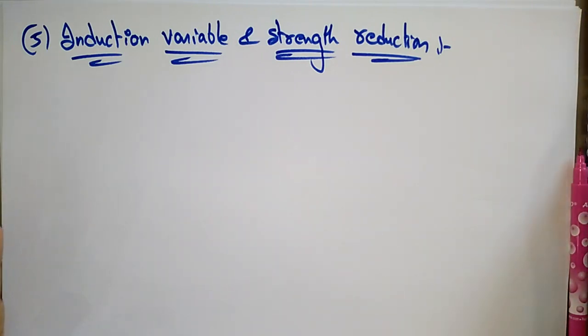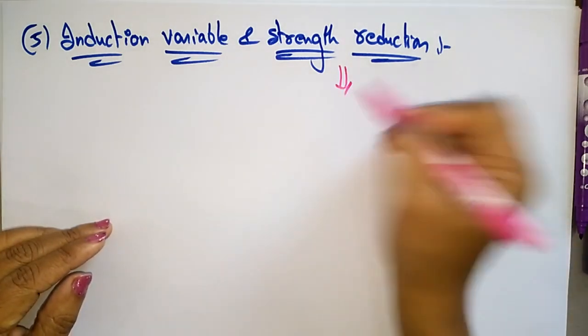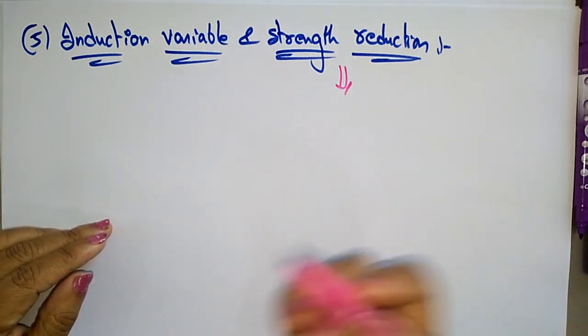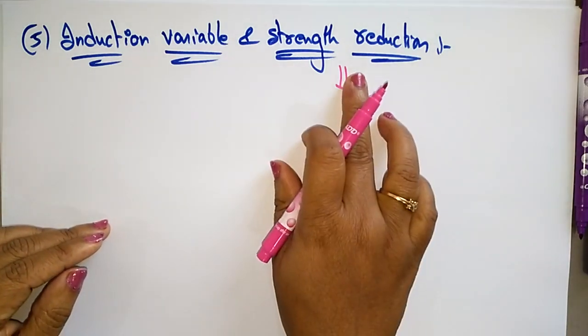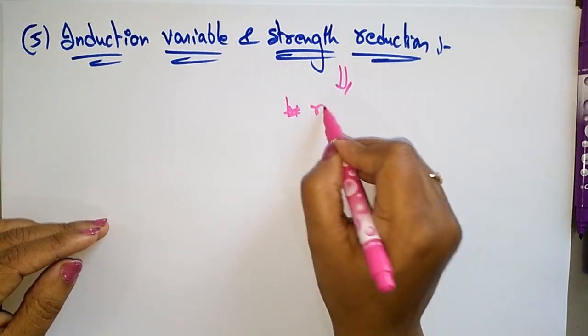The strength reduction is used to replace the high strength operator by the low strength operator. Reduction means reducing. How are you going to reduce the strength of the equation?